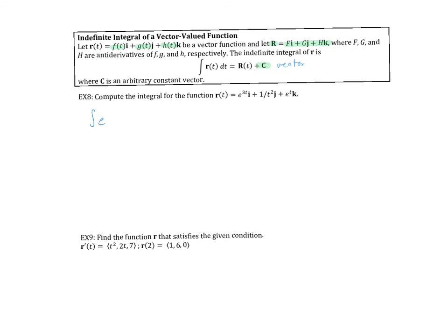So it's e to the 3t i plus, I'm going to write 1 over t squared as t to the negative 2 j, plus e to the t k. And we're integrating with respect to t, so don't forget your notation. I know this is an online course, but you're still expected to use proper notation when you're showing your work.